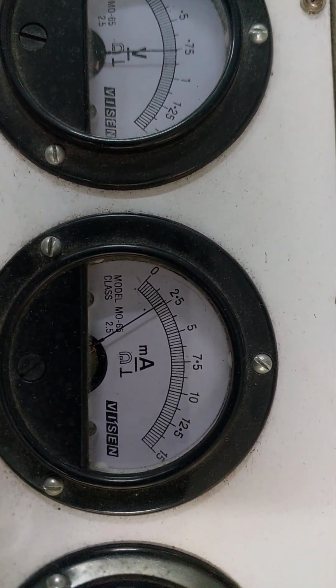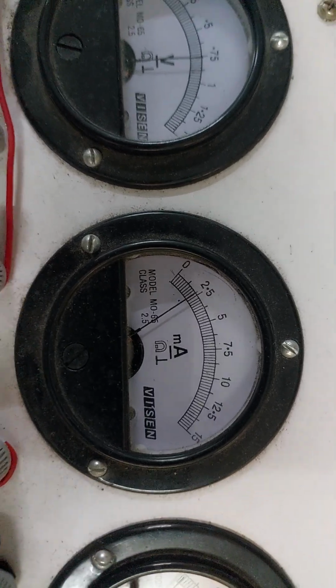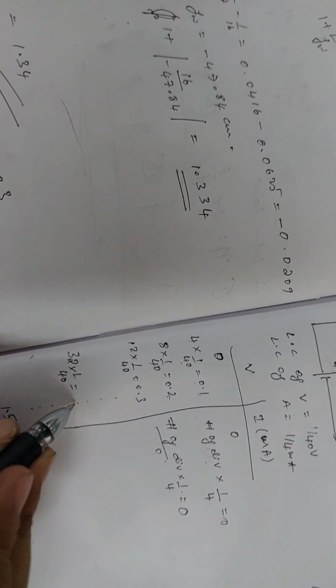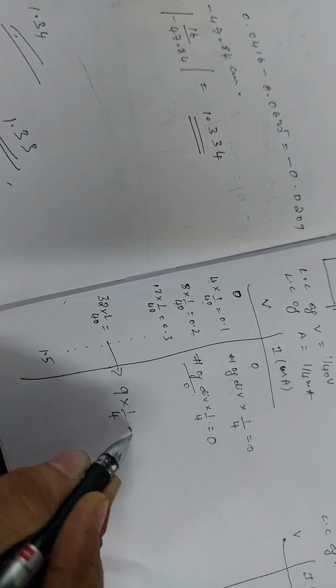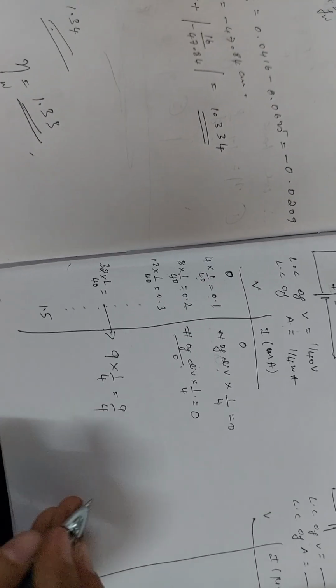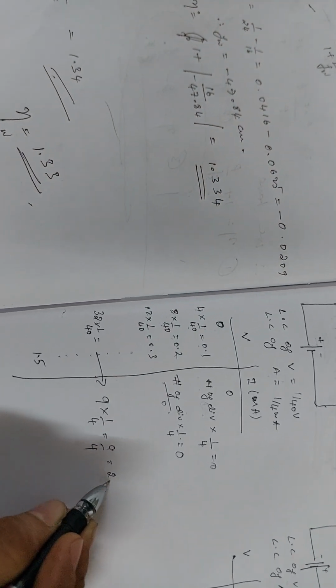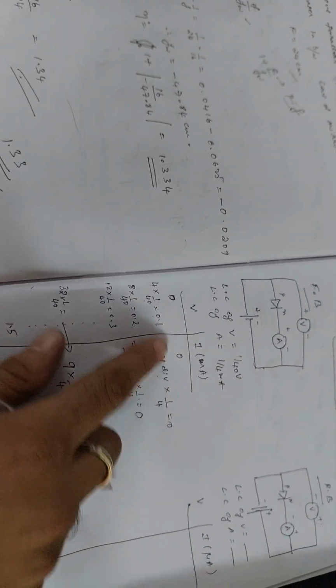You can see that it is 9 divisions away from 0. So the ammeter reading would be 9 into 1 by 4. It's 2.25 or something you will get. So basically you have to plot this later.